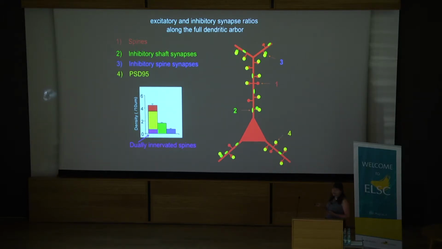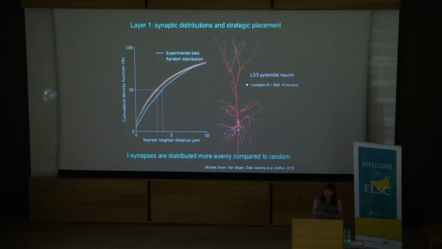But then we also have this population of about 15% of spines that are dually innervated by both an excitatory and inhibitory synapse. So even by just doing one-shot imaging at this level, having the synaptic labeling allows us to add potentially one layer to the type of information that we might have by doing some static anatomical stain like a Golgi or a cell fill.